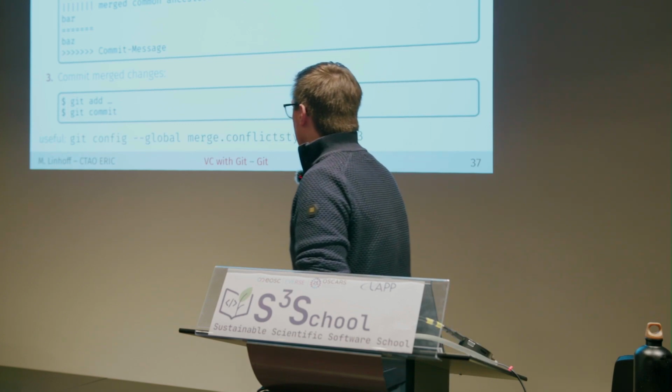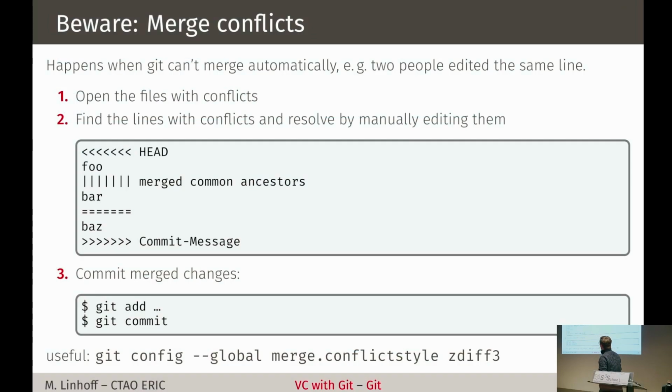And there is a very useful configuration option which helps you better understand the context of these conflicts, which is to enable 3 different versions of the software to judge the conflict. By default, you get only the version of one branch and then the version of the other branch, and you have to somehow make them agree, merge them together.